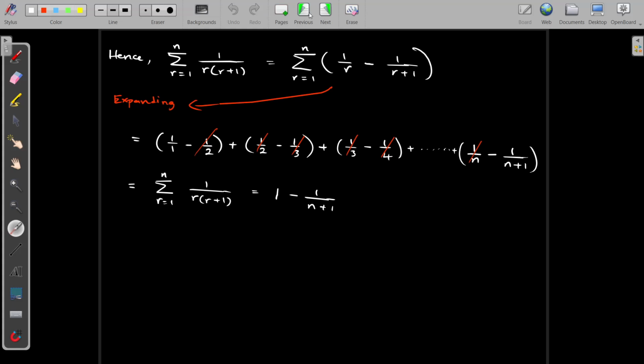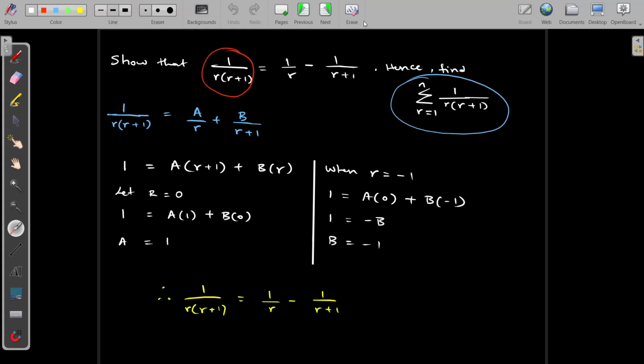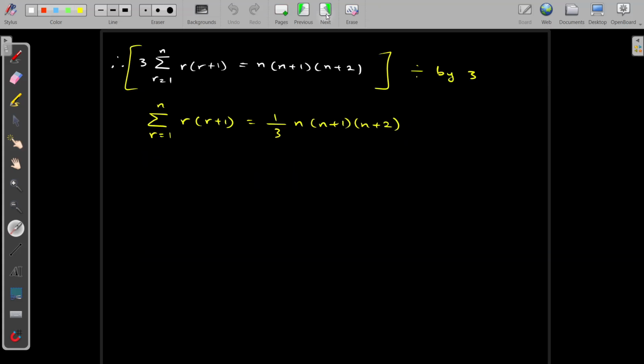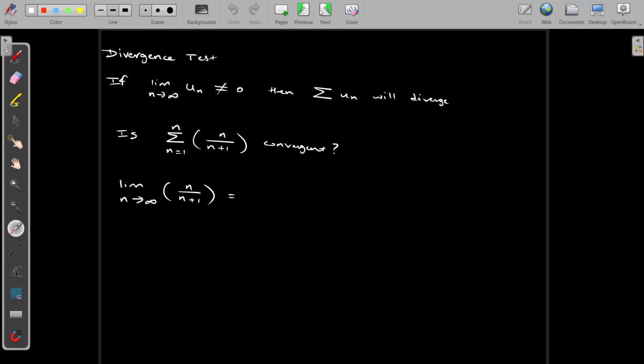So in a case where we're given one of these, we can separate it. Method of differences. So this part here will be separated as the limit as n approaches infinity of 1 minus 1 over n plus 1.